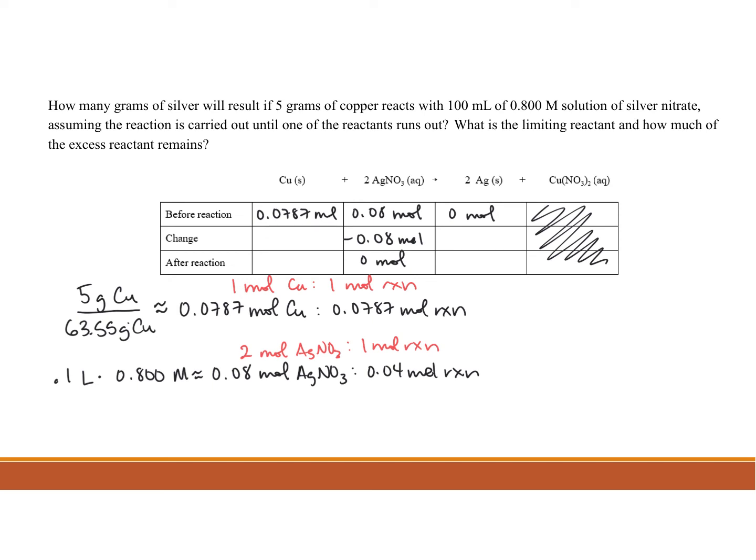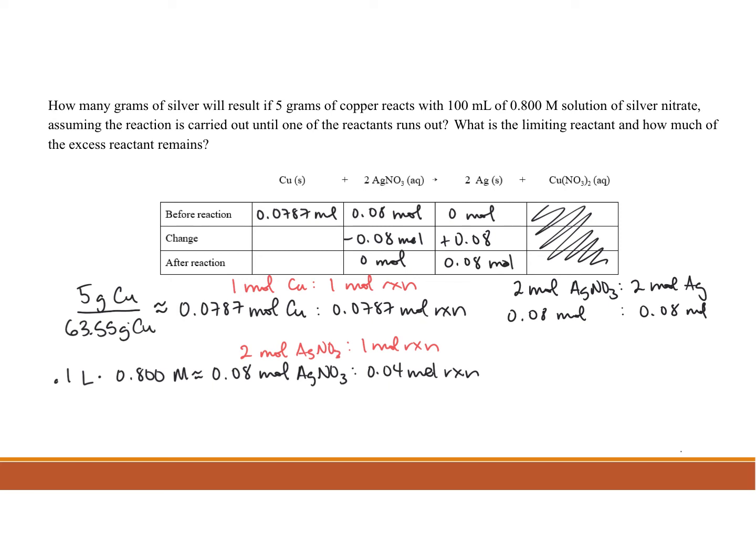Even though it's a little bit repetitive, we can repeat this. For every 2 moles of AgNO3, that's 2 moles of Ag, 1-to-1. So we have 0.08 moles of this. That would also mean 0.08 moles of Ag will result. So this is plus 0.08.